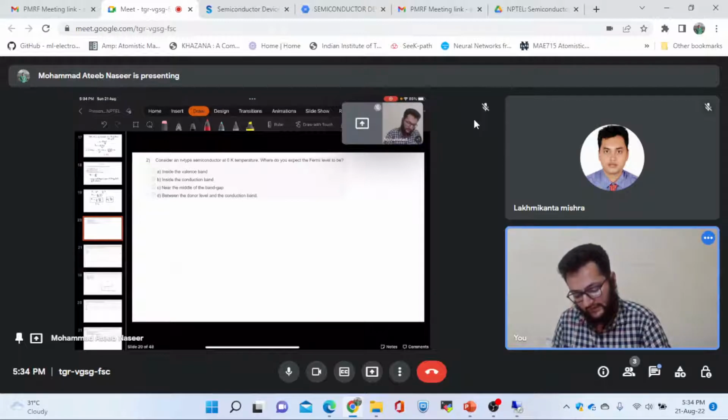One is inside the conduction band and the other is between the donor level and the conduction band.